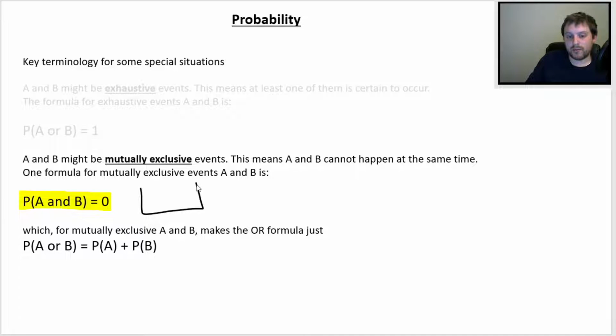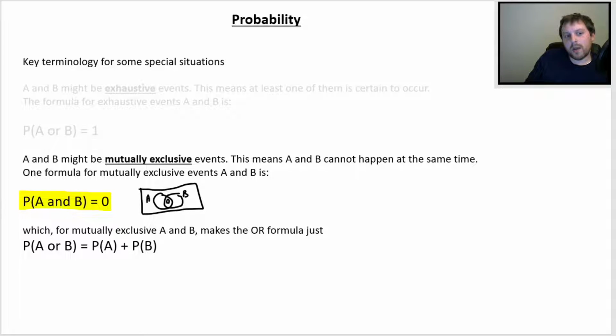So if I just draw a really small little Venn diagram here, it would mean I'd have 0 in the middle. Very, very small Venn diagram. It just means that there's no probability in the intersection. Okay, it's impossible for them to occur at the same time.